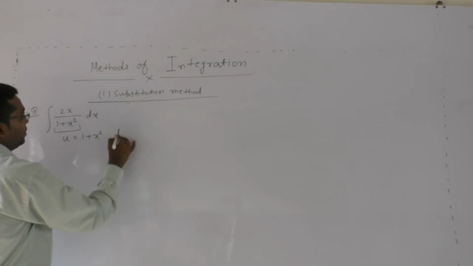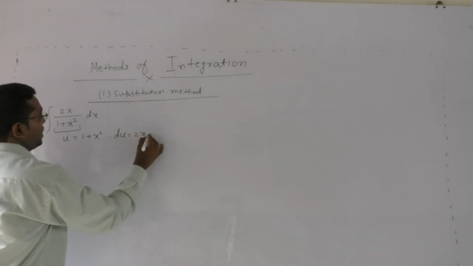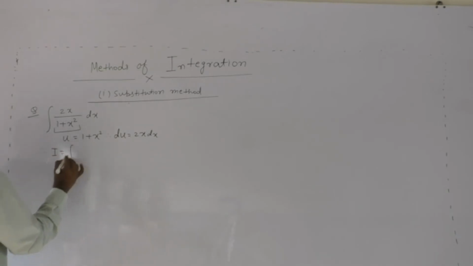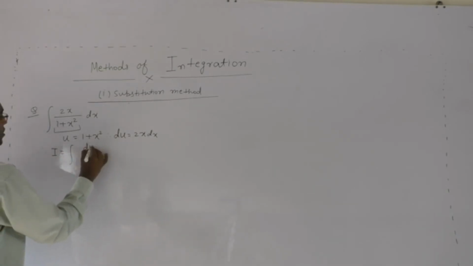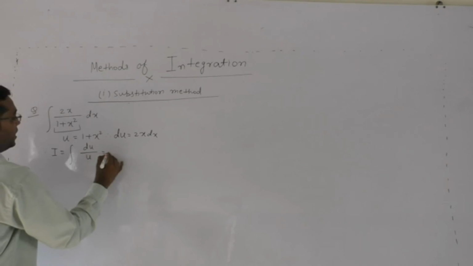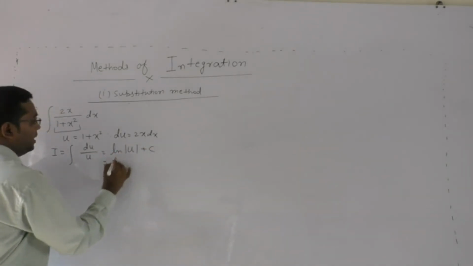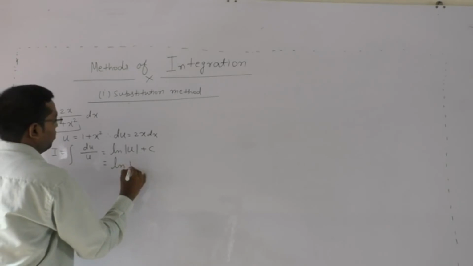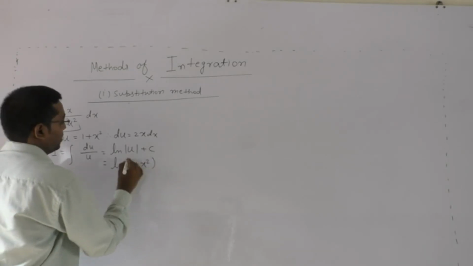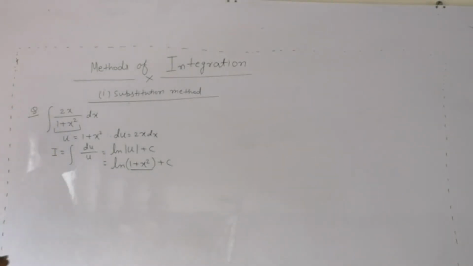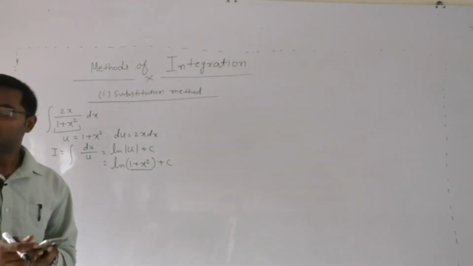So the du you will get 2x dx. So the integration will be du over u, that is ln mod u plus c, that is ln 1 plus x square plus c. Here we can remove modulus because this quantity will be always positive. Let's see the next question.